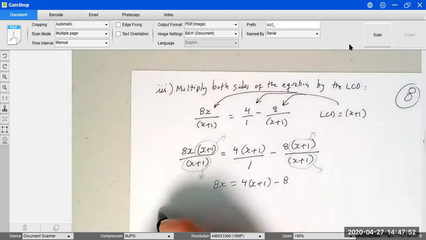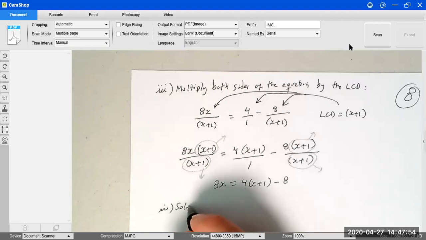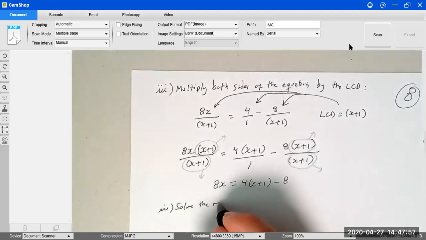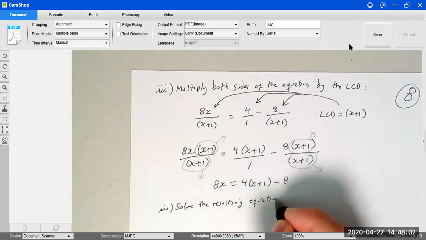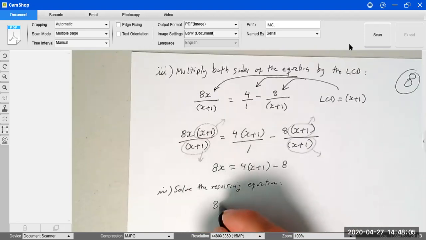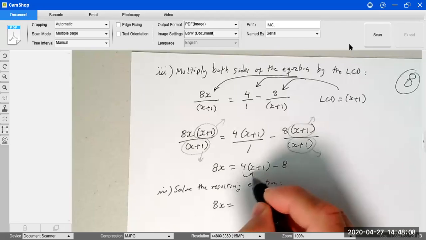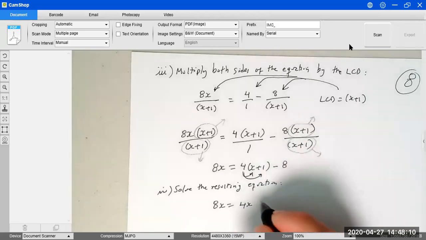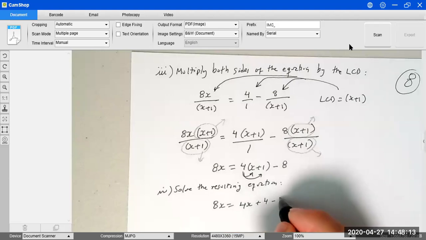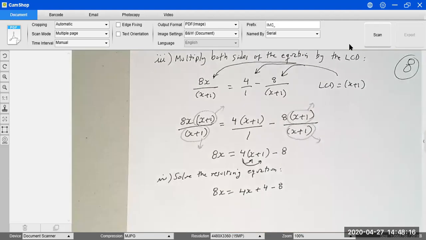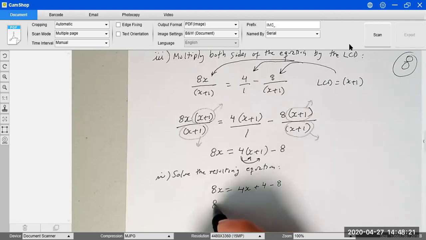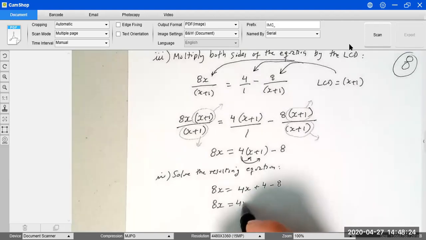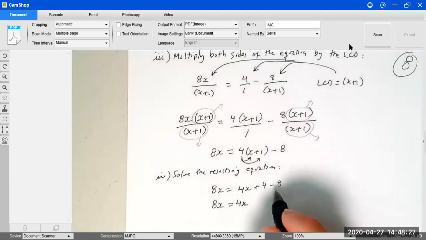So now we're going to solve the resulting equation. We have ax equals, we're going to apply the distributive property, so you're going to get 4x plus 4 minus 8. So we're going to simplify, and you're going to get ax equals 4x, and 4 minus 8 is going to be minus 4.